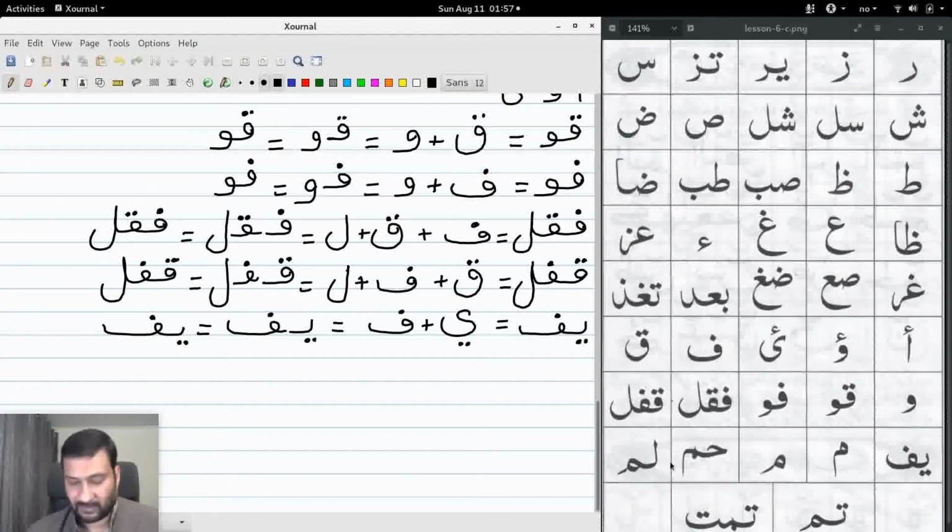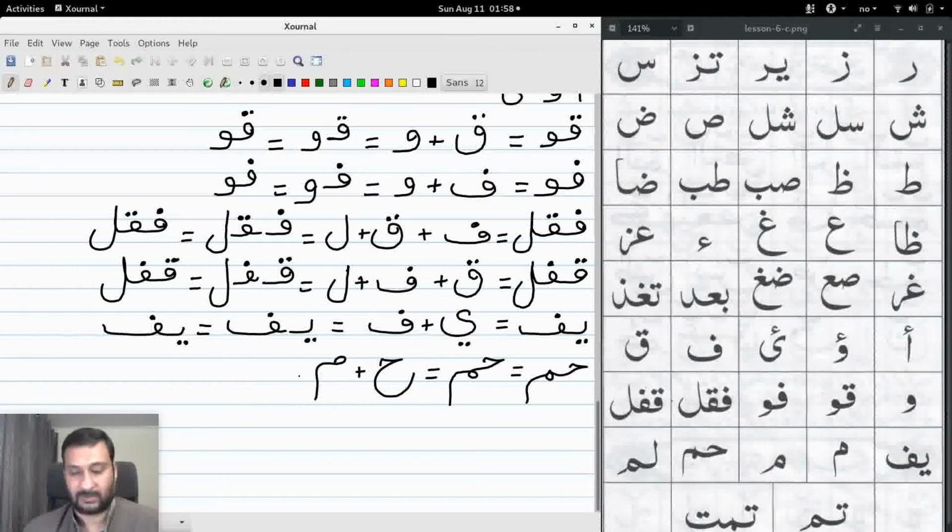So let's write ha mim as shown here, ha, okay, this is not very neat, so let me rewrite that, ha mim, right, which can be simply written as like so, and it's a combination of ha plus mim, like so.